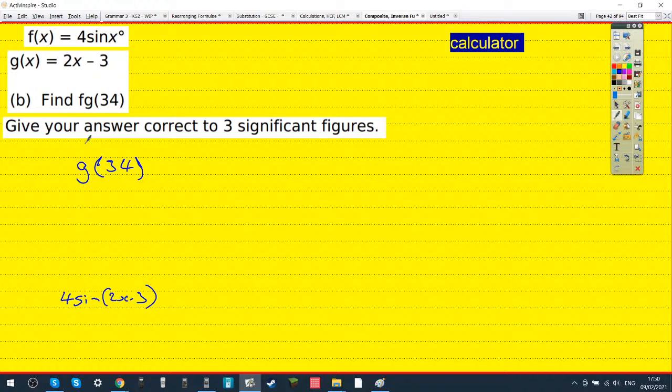G is 2x, so 2 times 34 minus 3, which is 65.